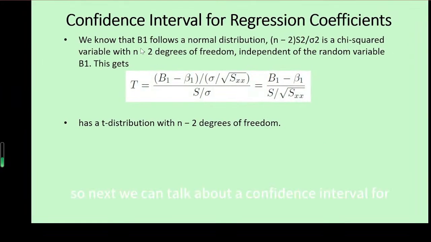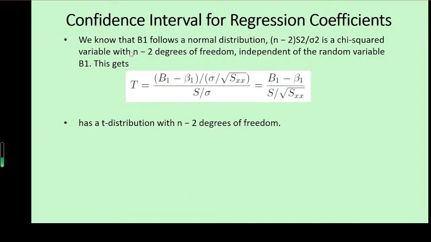Next we can talk about the confidence interval for the regression coefficients. We know beta 1 follows a normal distribution, because the estimation of beta 1 comes from x and y. All x are deterministic variables and all y are random variables, because the y observations are the fitted line plus an error term, which follows a normal distribution.